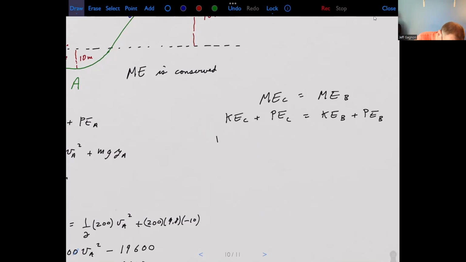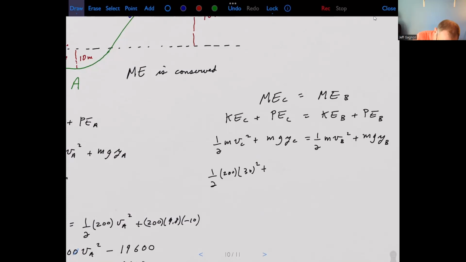So I'm going to have 1/2 m vc squared plus m g yc is equal to 1/2 m vb squared plus m g yb. And if I plug in, this is 1/2 times 200 times 30 squared.